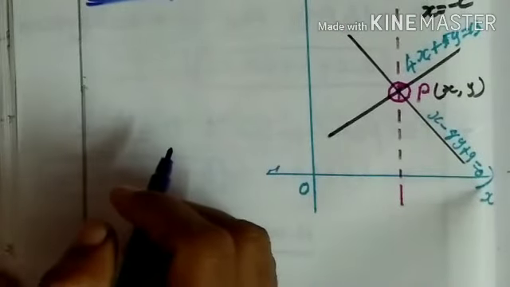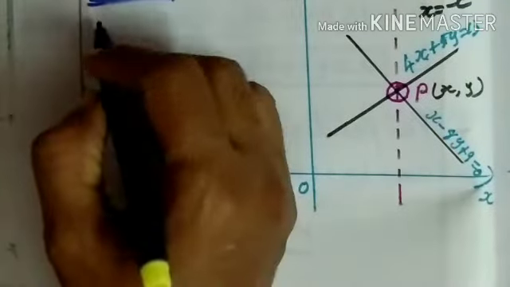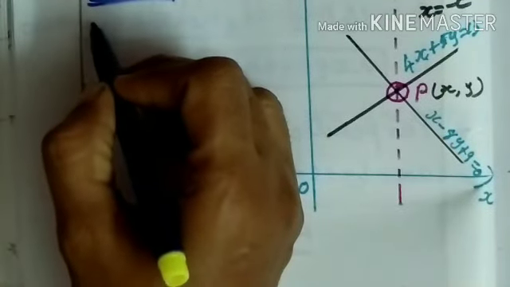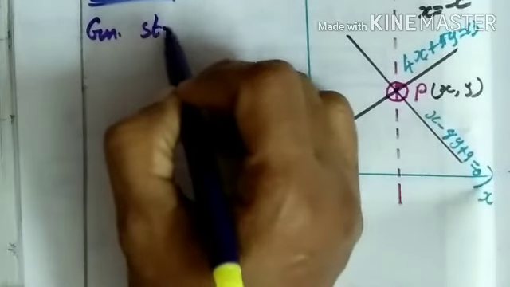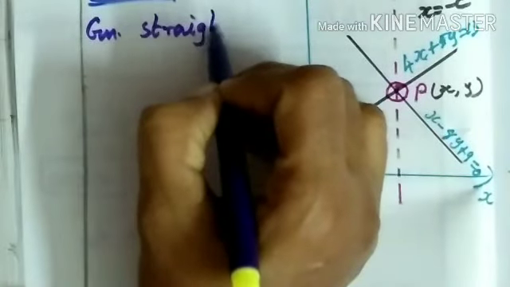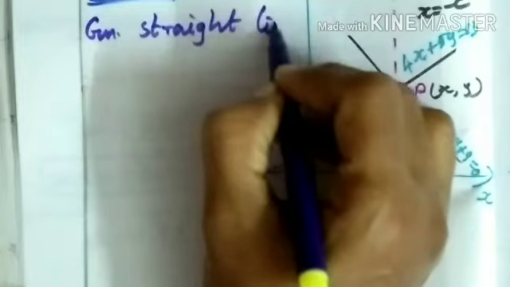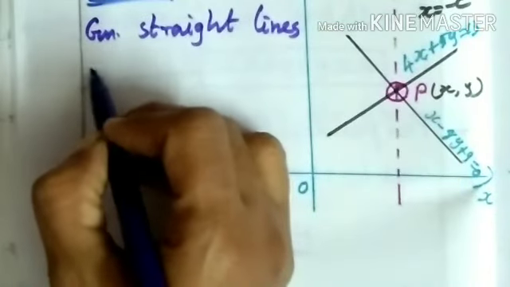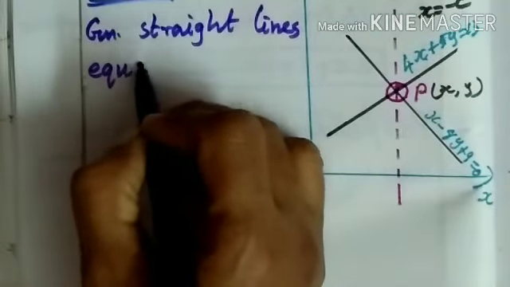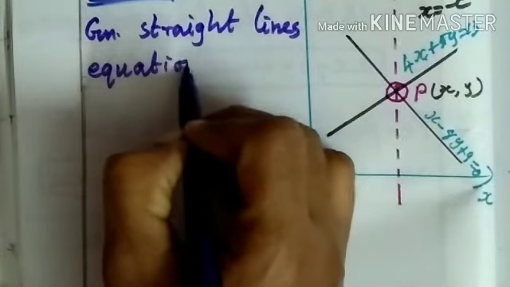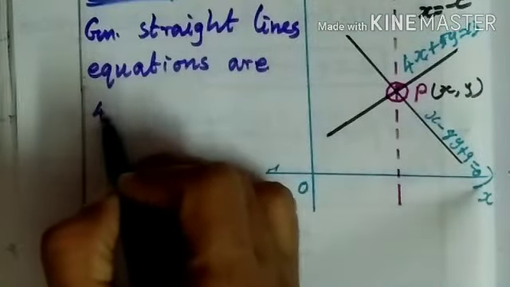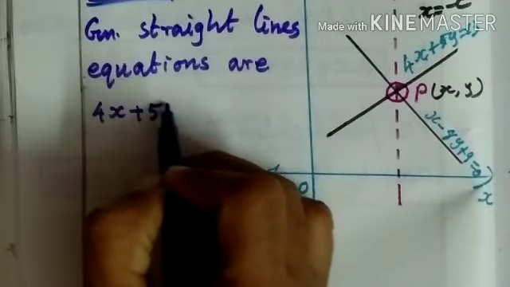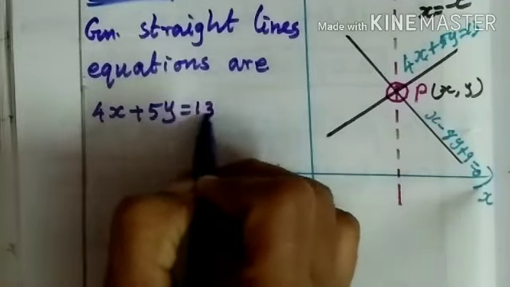First you take down and write the given equations. Given straight lines equations: 4x plus 5y is equal to 13.